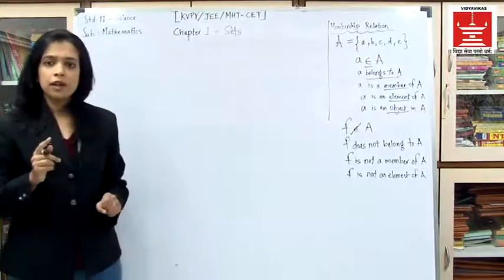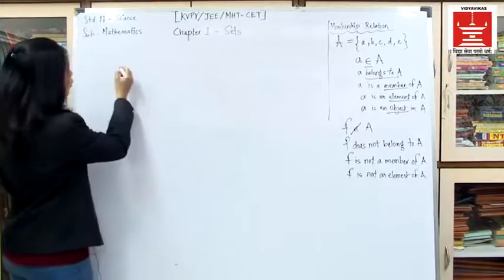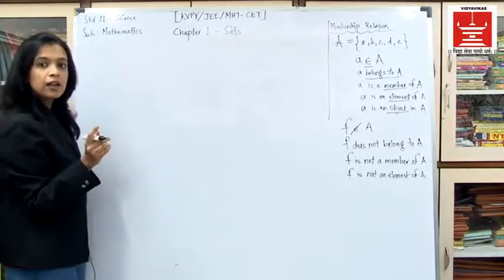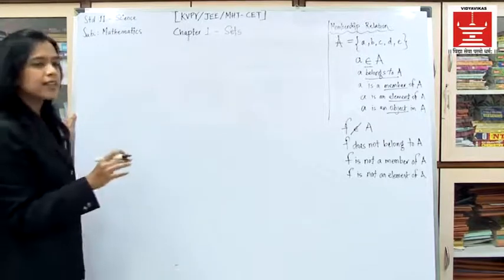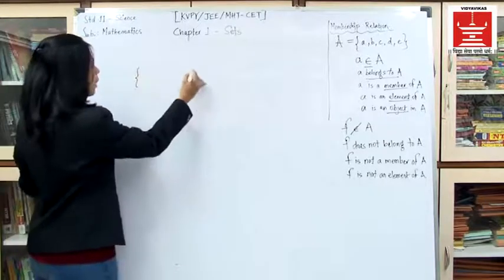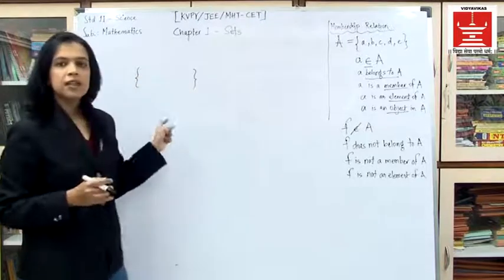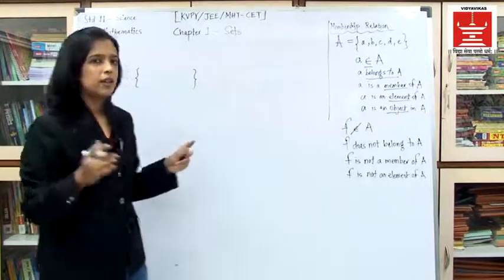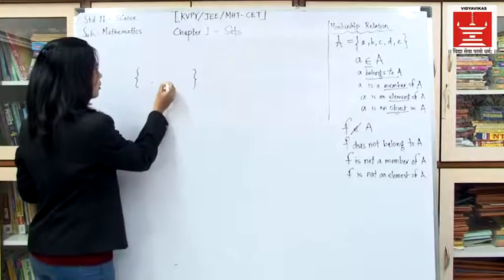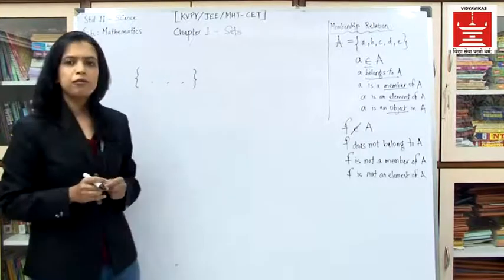This is a very important fact: if you are going to list out the elements of any set, you use curly brackets. The curly bracket says this is the collection of all, and the commas separate different elements.